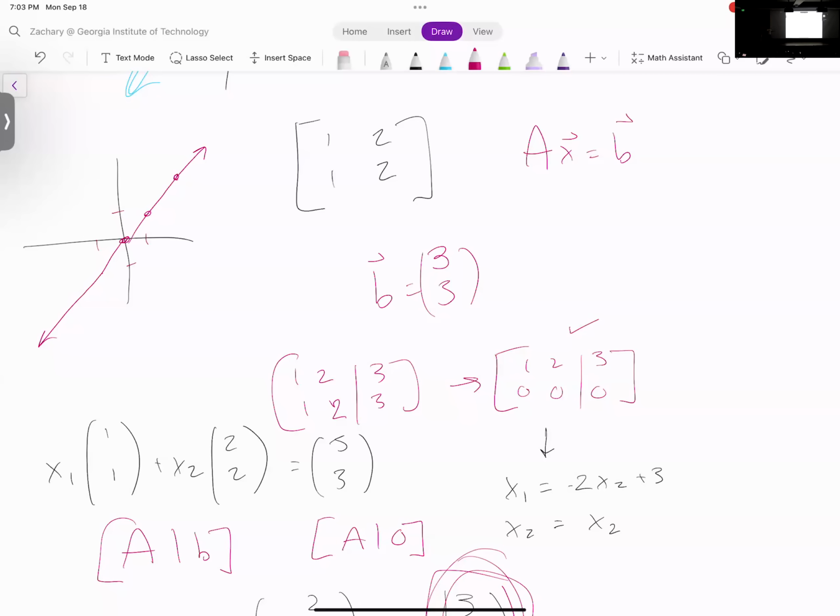If there are no free variables, our solution set has dimension equal to the number of free variables, in R to the number of columns. So we have a dimension of 0. What do we call something with a dimension of 0? A point. That'd be one single solution.